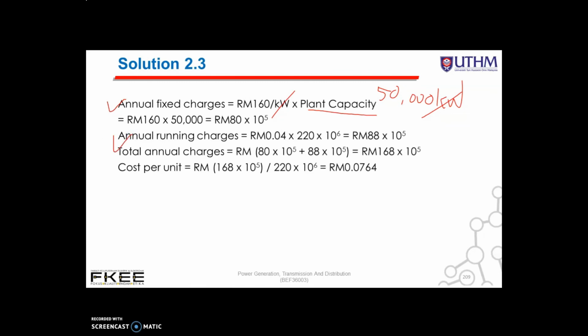So annual running charges is equivalent to 4 cents per kilowatt hour. Okay, so you have to multiply with the units generated per year, also in kilowatt hour. Then you will get 88 times 10 to the power of 5.